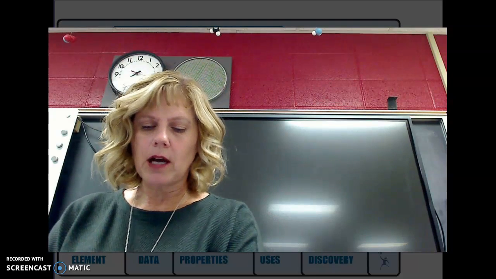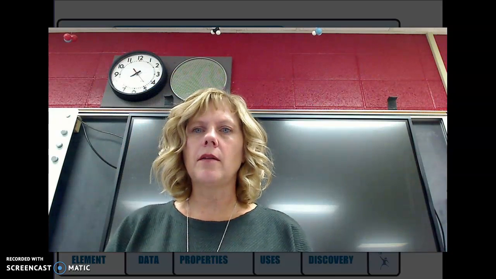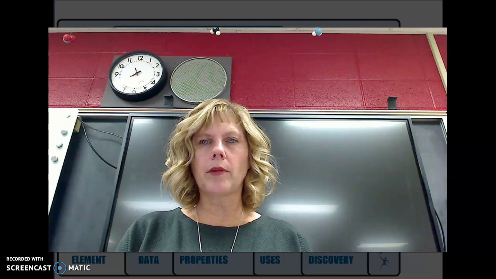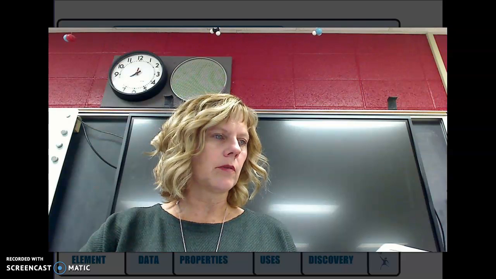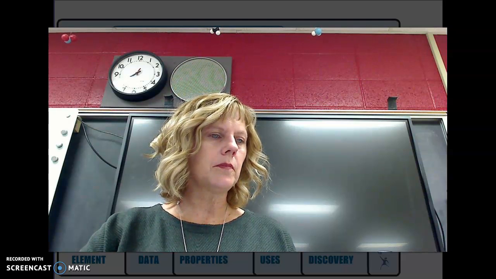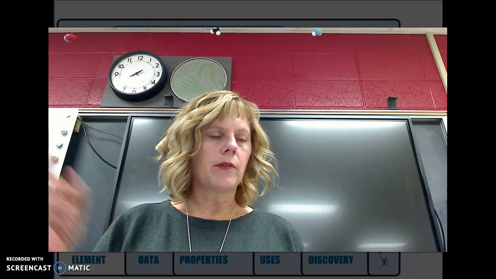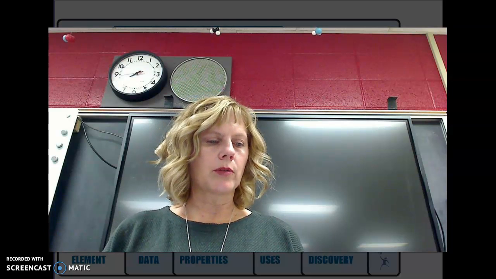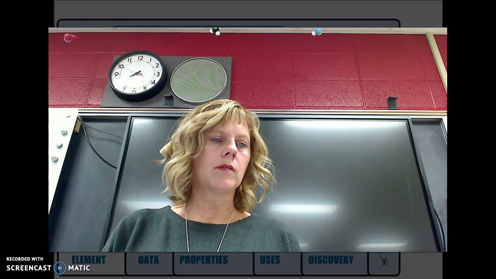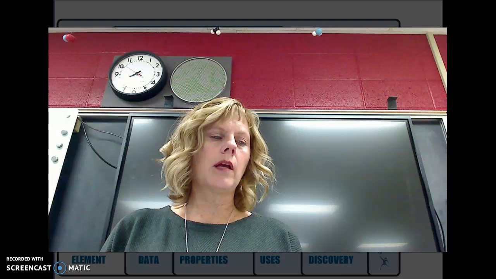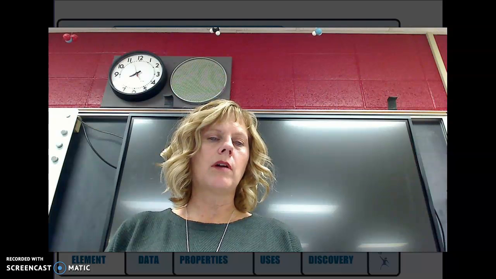Other questions that come up ask you to look at the periodic table and explain connections between groups of elements. So let me see really quick if I can find one. When we have question number 1 with parts A, B, C, and question number 2 with parts A, B, C, part C asks: can your group explain any connection between the charge and the electron configuration of these elements?